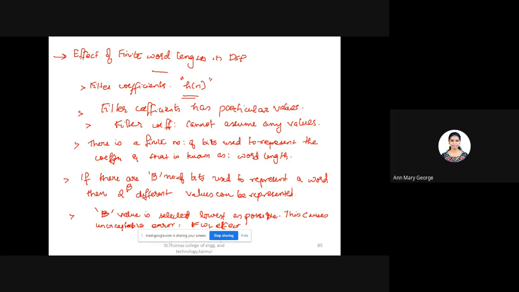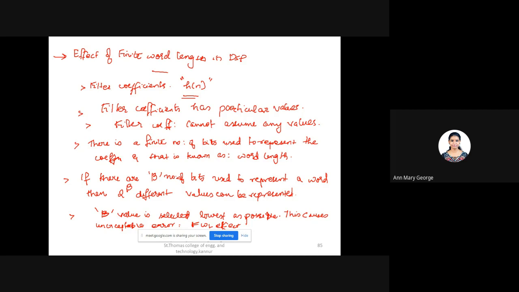എന്തുകൊണ്ടാണ് finite word length effect വരുന്നത്? The filter coefficients that we have found out through the design procedures can be represented using a finite number of bits, that is b.